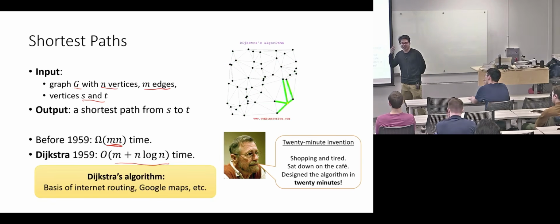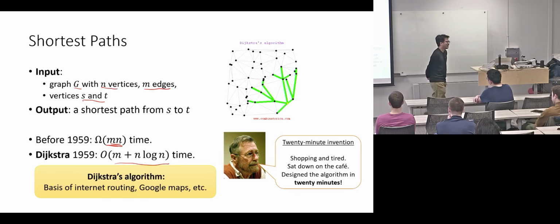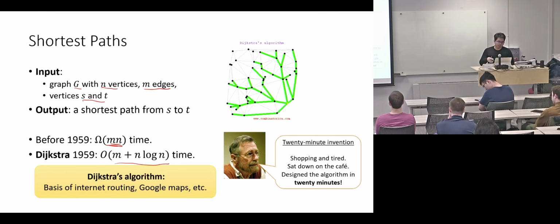And because he needed to keep everything in his head, the algorithm turns out to be super simple. So sometimes you can do this. Not often you can do this. I almost never do this, for example. But yes, this is an interesting thing that just one single algorithm can actually enable a whole industry.